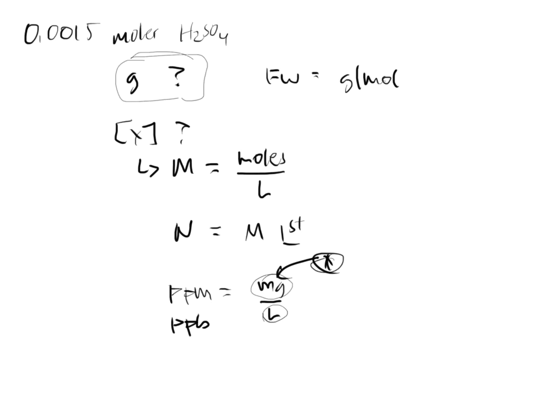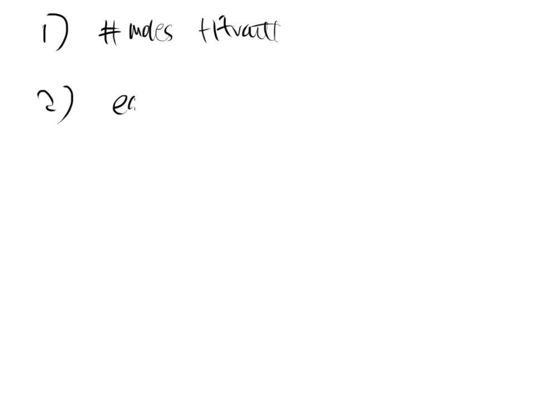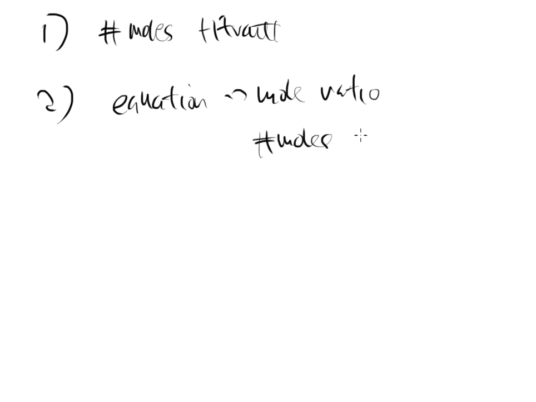All right, so if I had to do a summary of a titration problem, the first step is to determine the number of moles, and that's important, the number of moles of titrant almost every single time. Number 2, we need to use an equation, and that equation will tell us a mole ratio. That mole ratio will allow us to solve for the number of moles of the sample that we are after. And number 3, then we're going to have to report concentration.